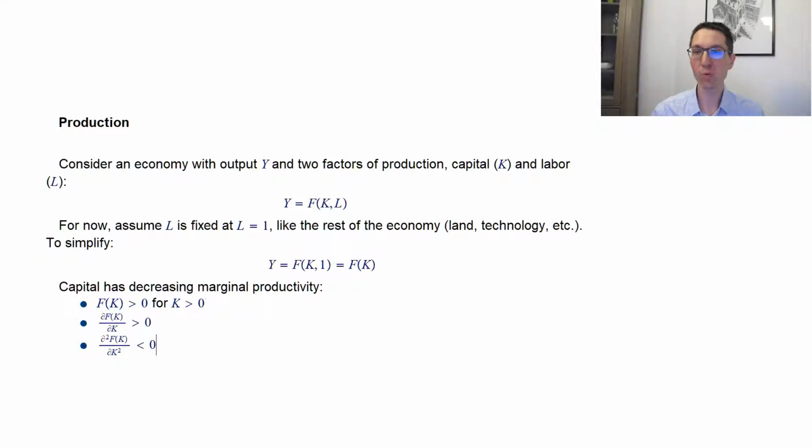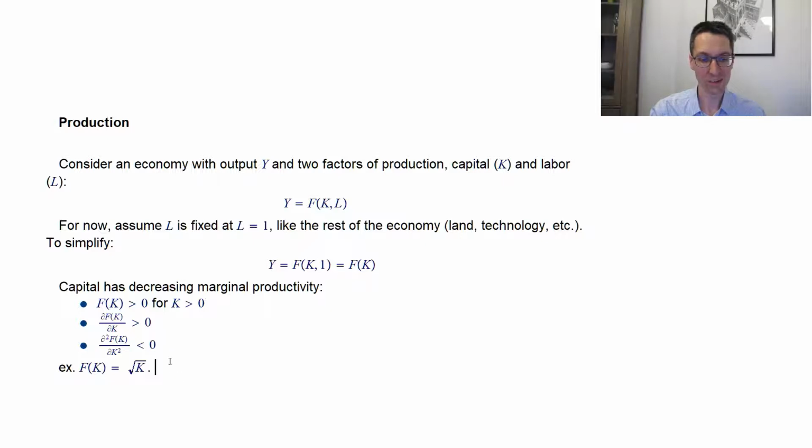If you want some example in mind, Cobb-Douglas would be fine. Since we have only one variable, let's just say f of k is the square root of k, for instance. So for example, I could write f of k equals square root of k. And then I can verify that my choice indeed works with the assumptions I have.